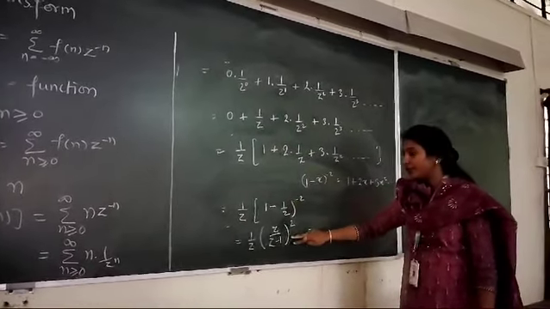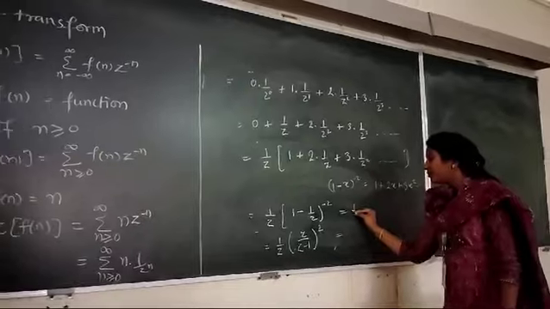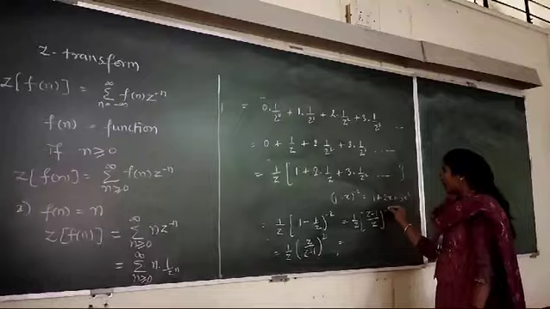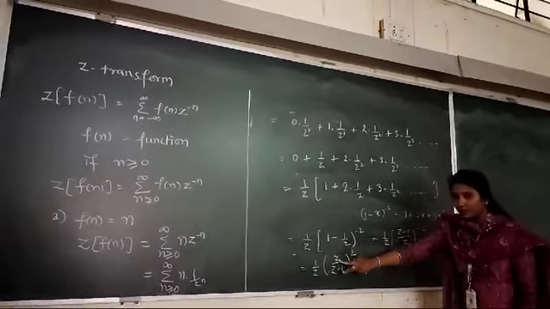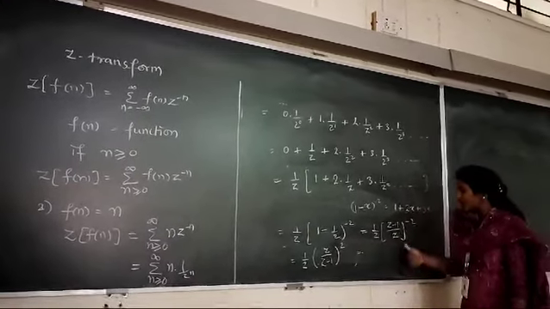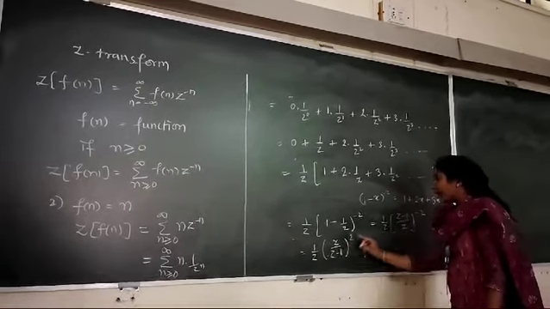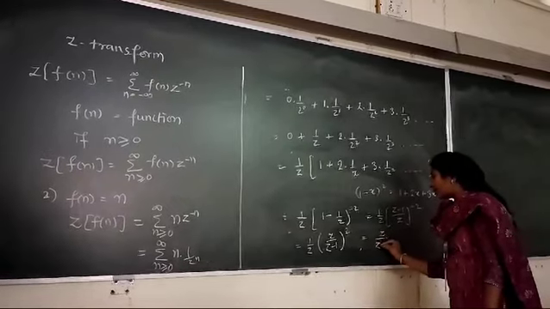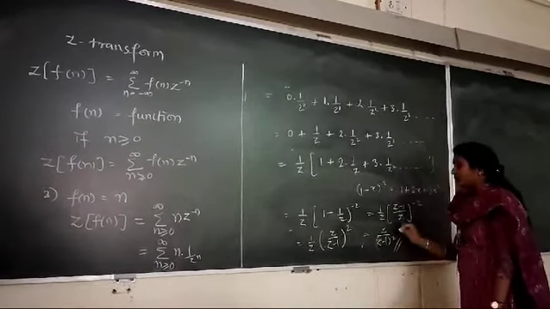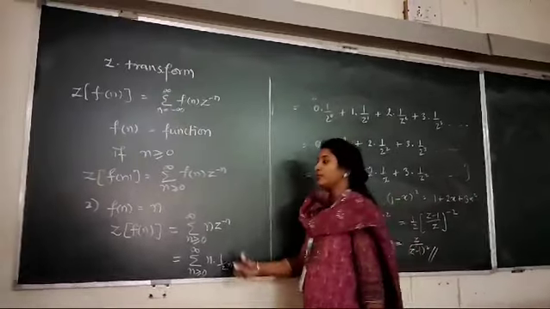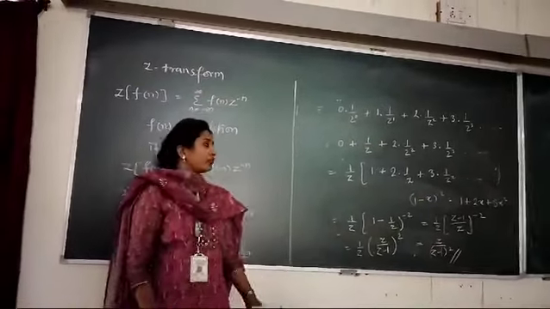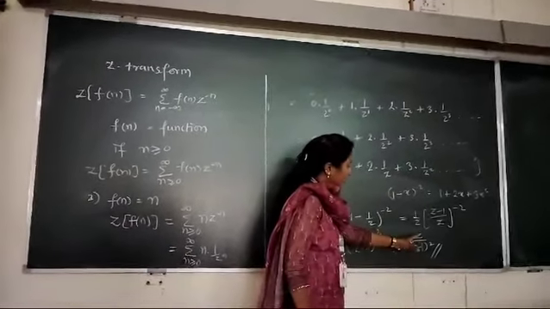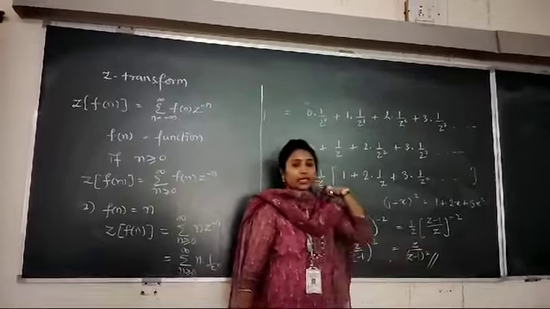Convert it to positive power by taking the LCM: 1 upon z times ((z minus 1) upon z) raised to minus 2, and to make minus 2 positive, we take the reciprocal of the middle term. Now, by cancelling z, we get the answer z upon (z minus 1) square. So these two are very important functions, and we can directly use them as formulas: Z of n is equal to z upon (z minus 1) square.